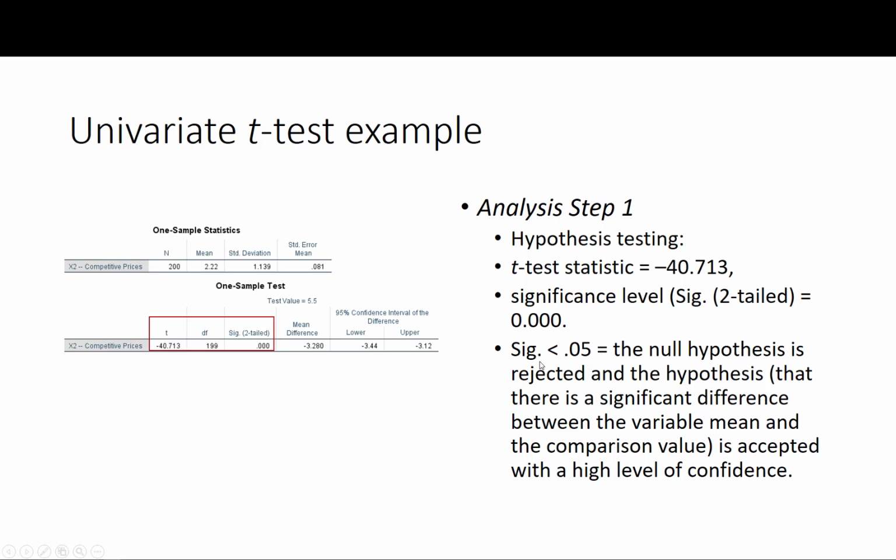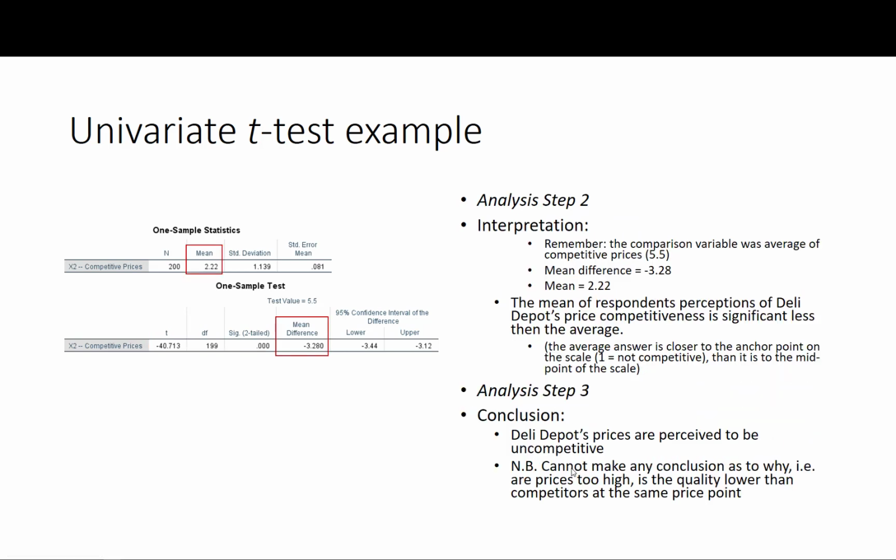Because 0.000 is less than our cutoff of 0.05 for 95% confidence, the null hypothesis is rejected, and the alternative hypothesis that there is a significant difference between the variable mean and the comparison mean is accepted with a high level of confidence.